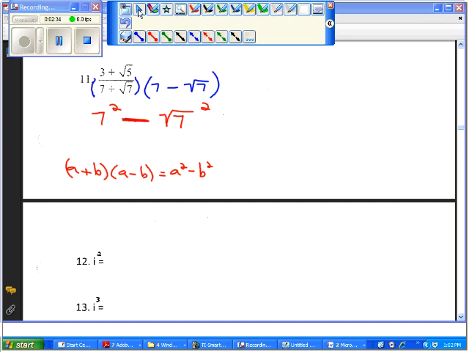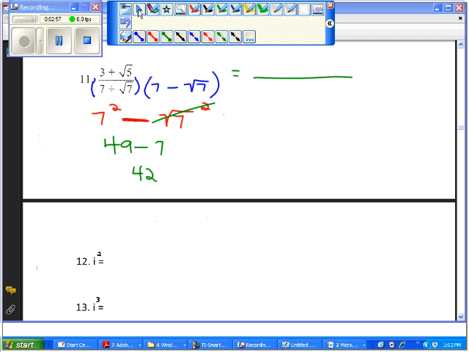And that becomes a fundamental rule of algebra that we should know from Algebra 1, Algebra 2, etc. Okay? Now what happens there then is the 7 squared becomes a 49. What about the square root of 7 squared? 7. And 49 minus 7 is 42.